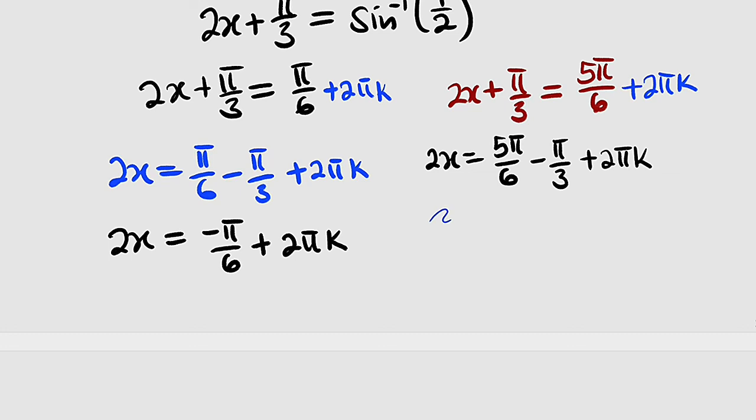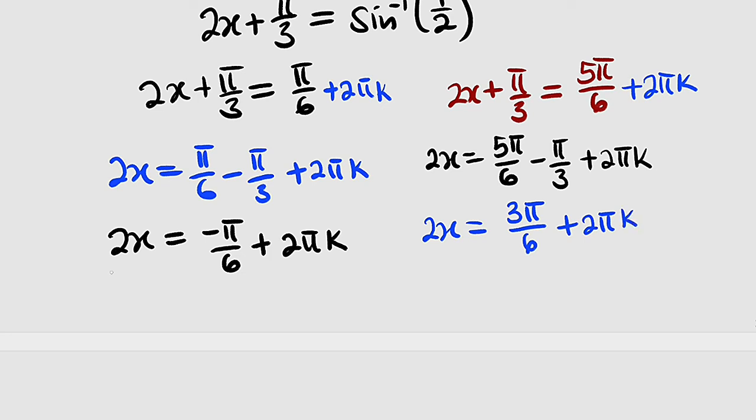And the other equation, we have 2x equal to 5 pi/6 minus pi/3 will give us what? 3 pi/6, plus 2 pi k.